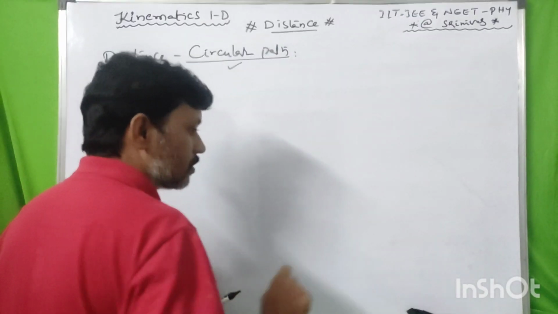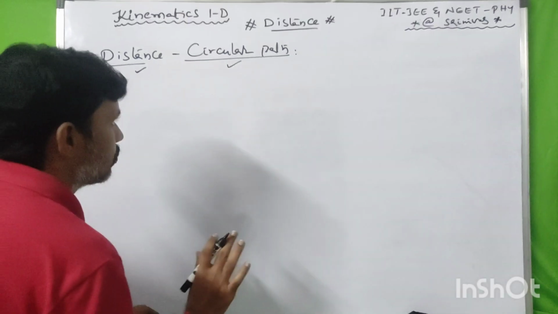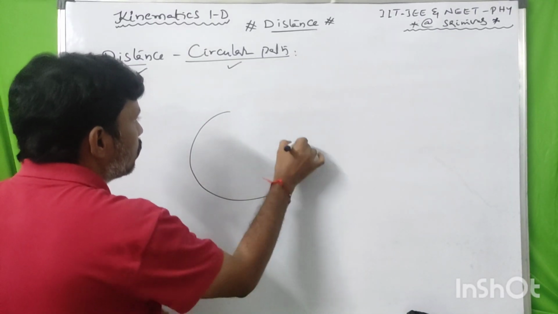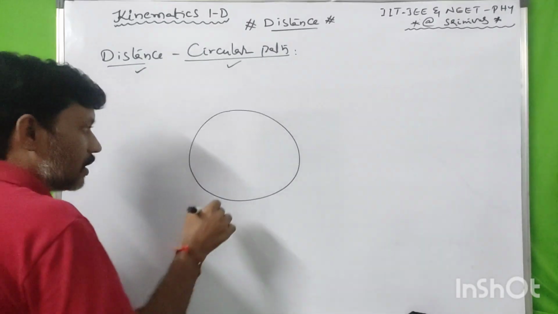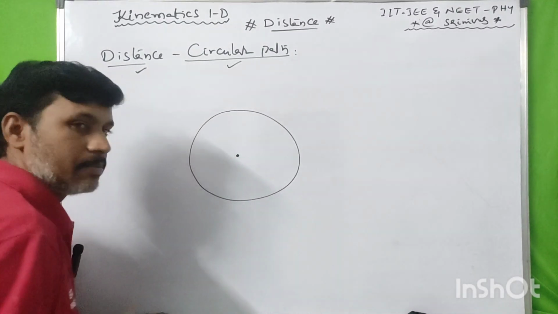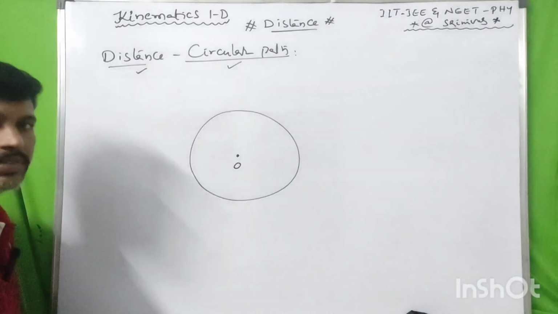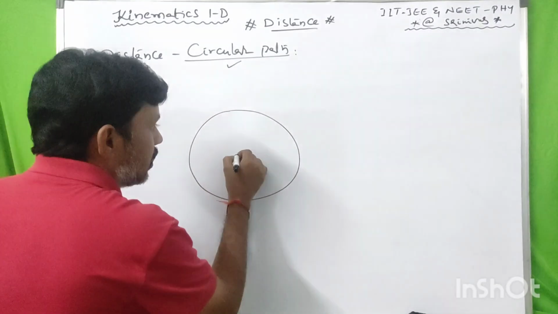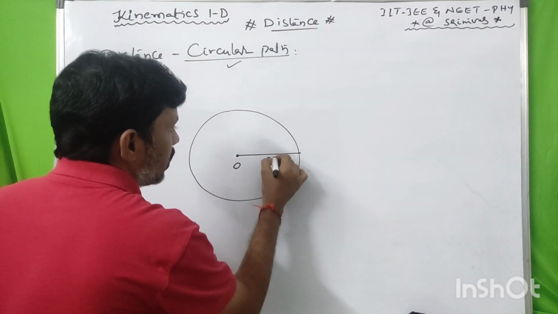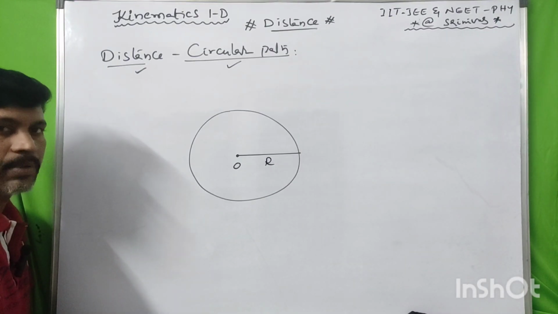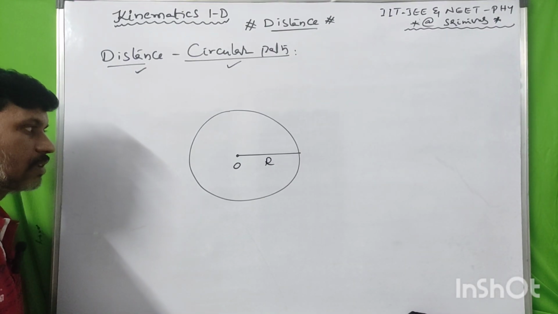Before going to the concept of a particle moving in a circular path, just recall the circle. It has one center, and it has one radius. Let us take capital R. It is the radius of the circle.